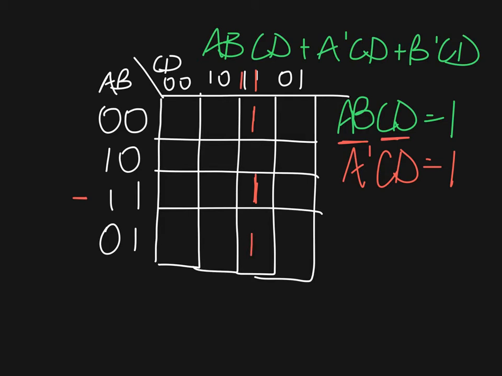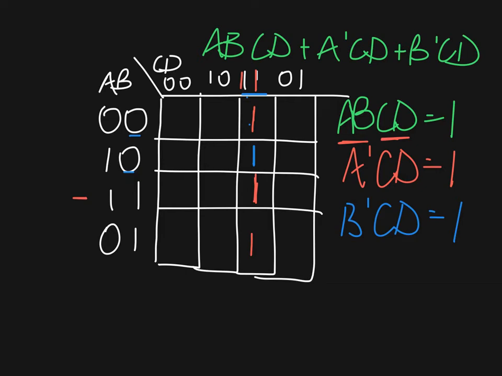Finally, let's use a different color. We have B'CD, and we want to see what that is. Again, it's the CD equals 1 column, which is this third column here. And then over on the rows, we've got not B, that's not B, that's not B. So that's already occupied, so it's just that one missing. And that's all the components done.